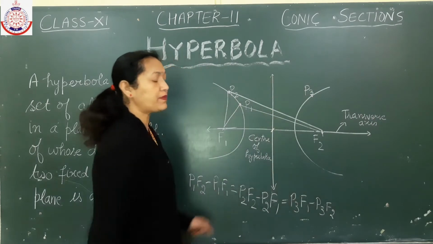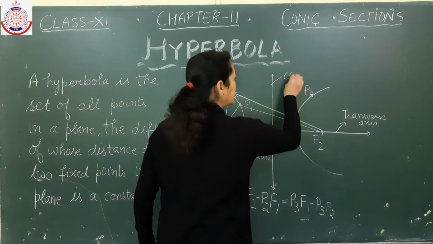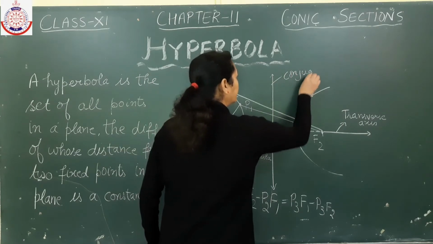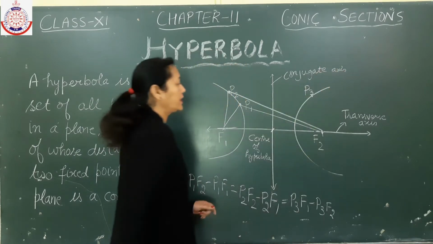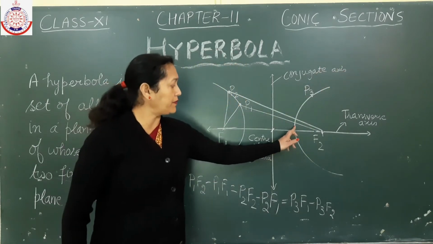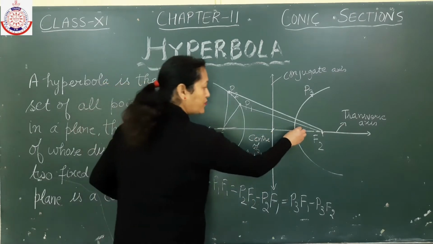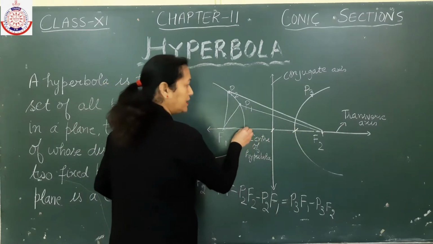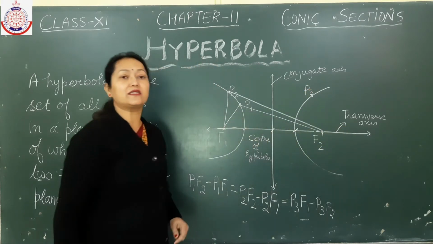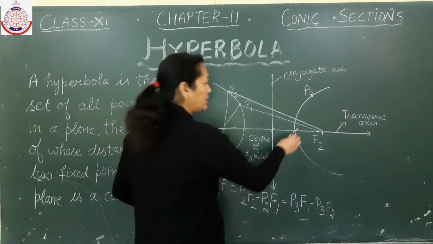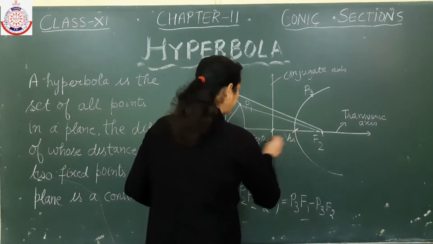The axis which is perpendicular to transverse axis is called conjugate axis. The points at which hyperbola and transverse axis are intersecting are called vertex points. These are the vertices.